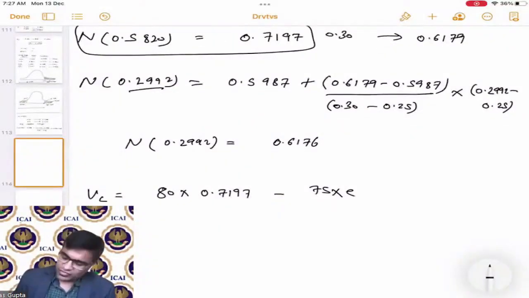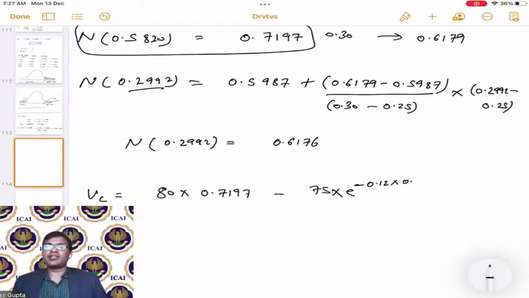R is 0.12, multiplied by 0.5, which is 6 by 12. Why are we doing 0.5? It is for 6 months. 6 months means 0.5. And this whole is multiplied by ND2, which is 0.6176.